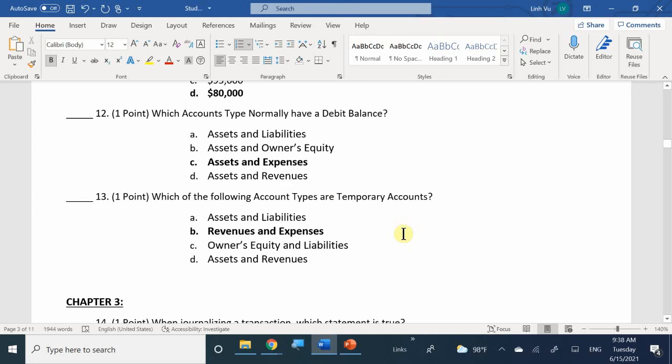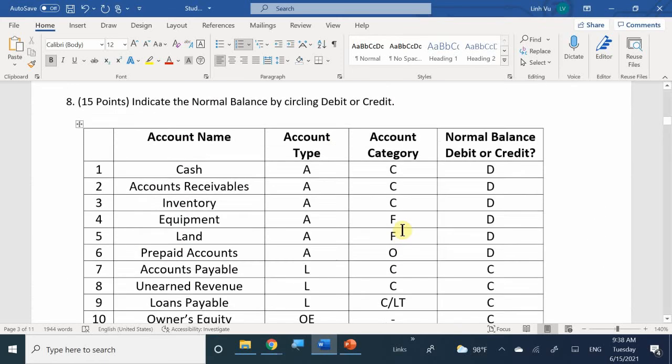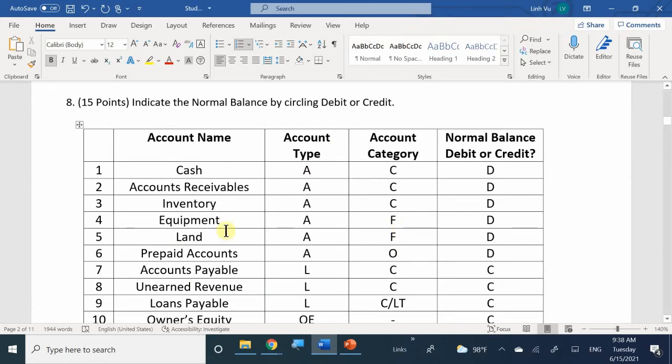As far as chapter 2, the first 10 questions are going to be this section here, right? Where I ask you about a specific account, I give you a description, and you're going to determine what the account type is, what category it belongs to, and what kind of balance it has.